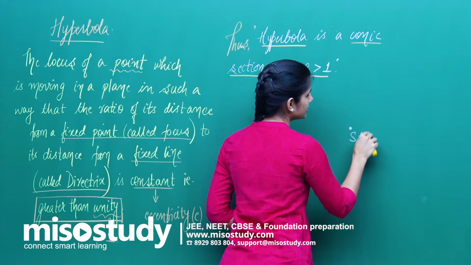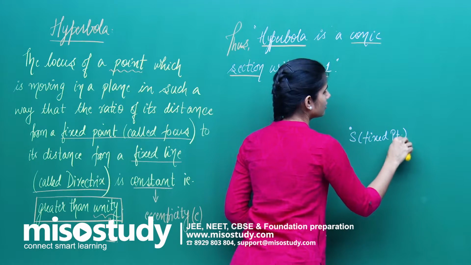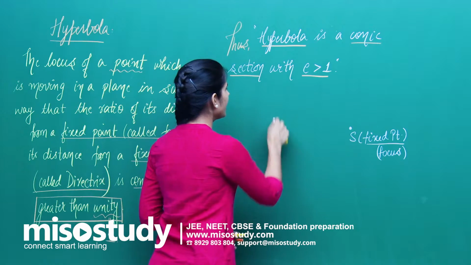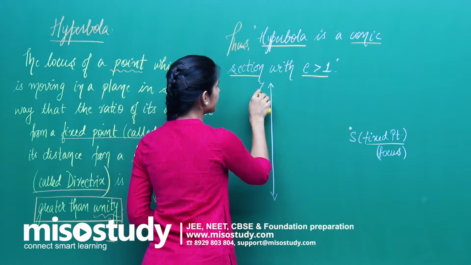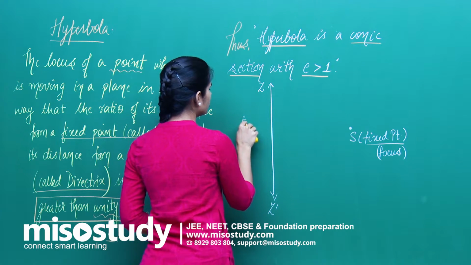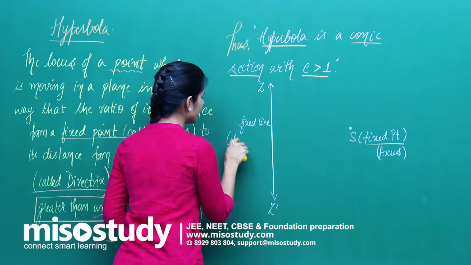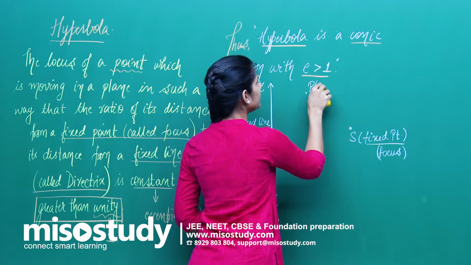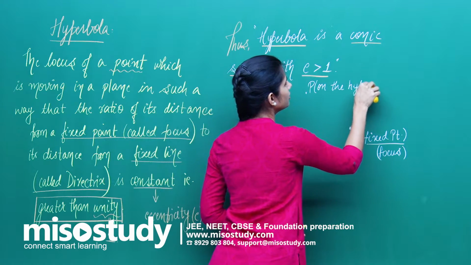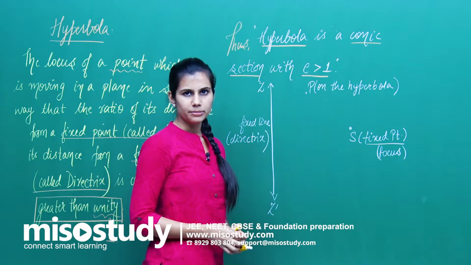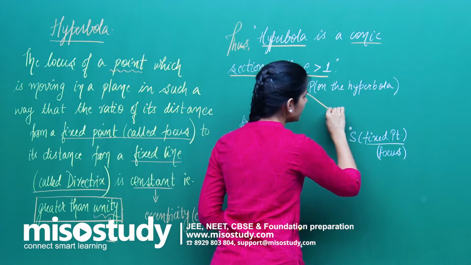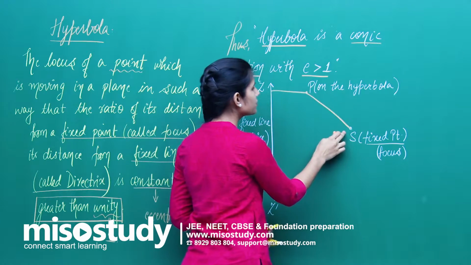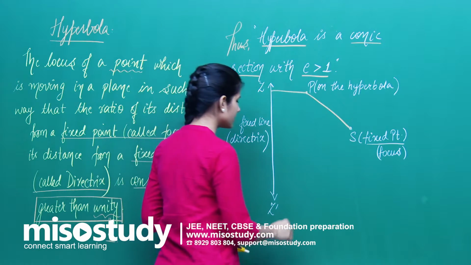So if I am saying this is a point S, say this is my fixed point called focus, and I have this line, say ZZ dash, to be the fixed line called the directrix, and this is a point P on the hyperbola, then the ratio of the distance of P from the fixed point to its distance from the fixed line is going to be constant.